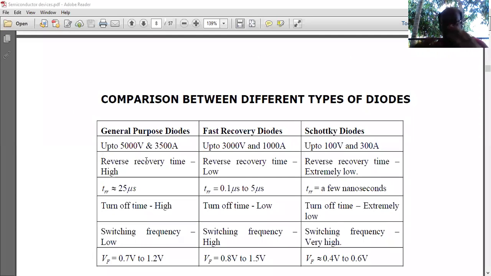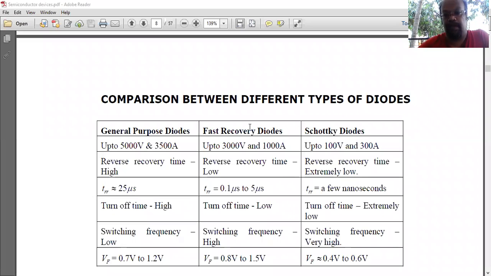The entire circuitry arrangement will act as a power modulator from source to load. So this general purpose diode cannot be used where power electronics comes in. That's the reason the reverse recovery time is normally 25 microseconds.